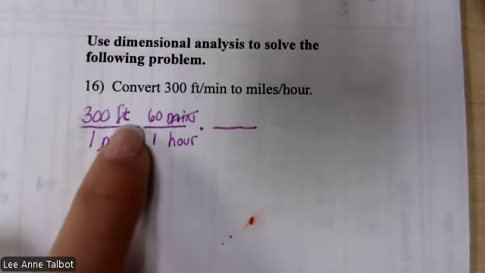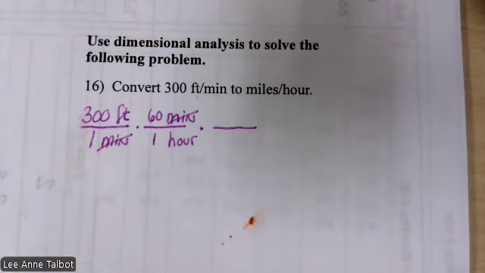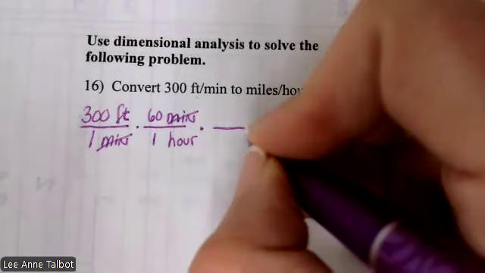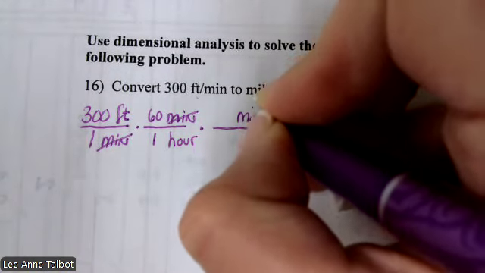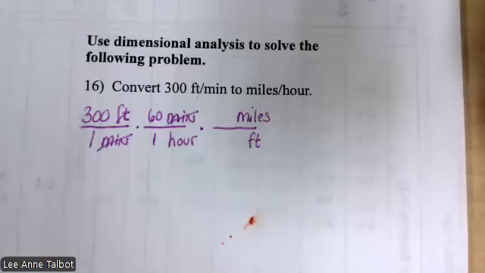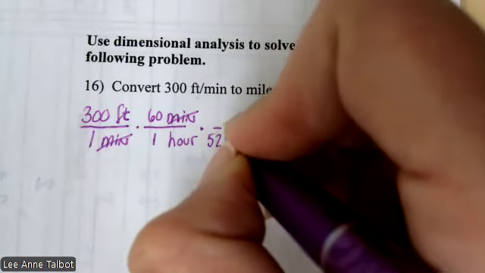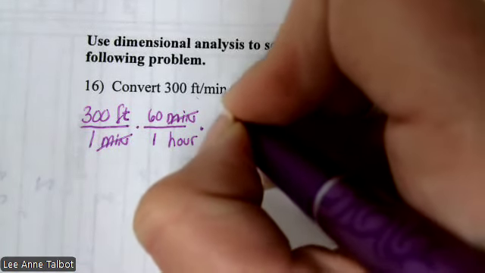Okay, so now we're going to work on the feet. Should feet go on the top or bottom? Bottom. Does anybody remember how many feet are in a mile? 5,280. Good job.